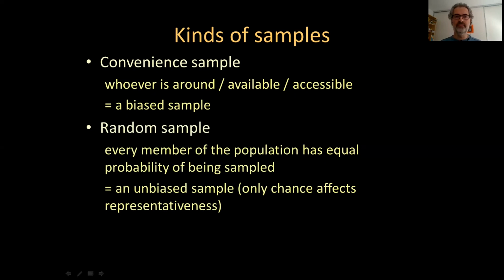In this way, we can obtain an unbiased sample. And the reason is that the only thing that affects representativeness is chance. It's still possible to get an extreme and unrepresentative sample by sampling randomly. That would be the result of bad luck and cannot be avoided.